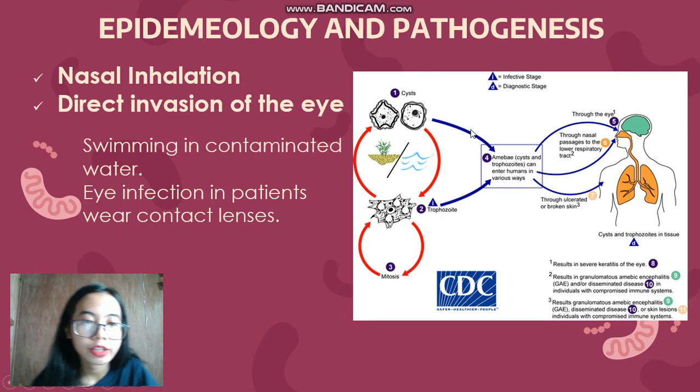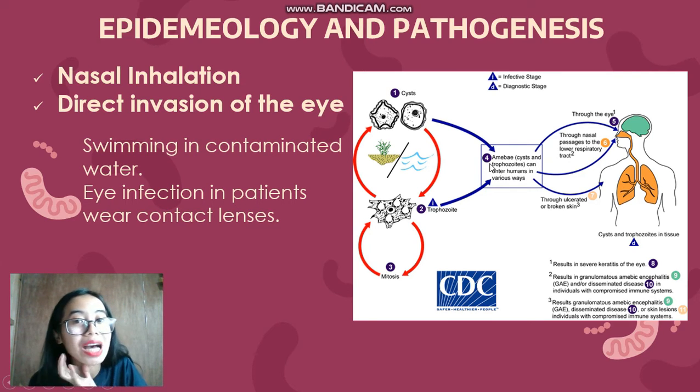So here in the picture, these two morphological forms will enter the body. The cyst will enter the body through dust that is inhaled by the human or through the eye. And the trophozoite will enter the human through ulcerated skin or broken skin.